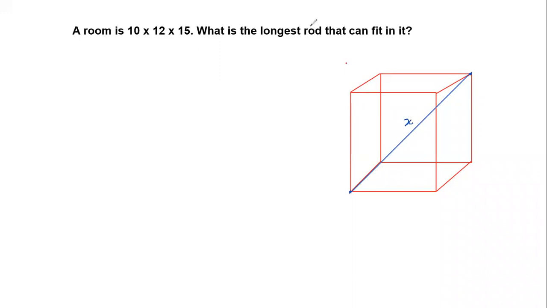Now, the length of the cuboid is L, the breadth of the cuboid is B, and the height of the cuboid, let's say H. Do you acknowledge there is a right triangle wedged inside this cuboid? If I join the diagonal of the floor, this green line that I'm drawing, it's actually the diagonal of the floor.